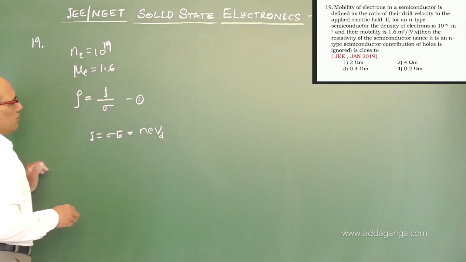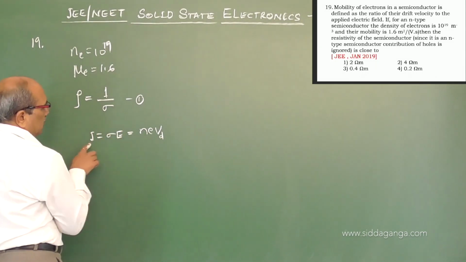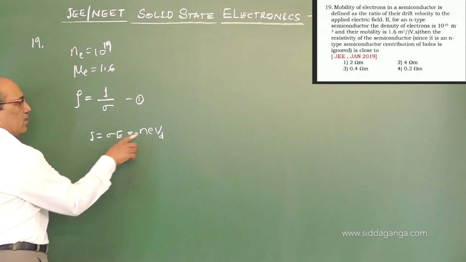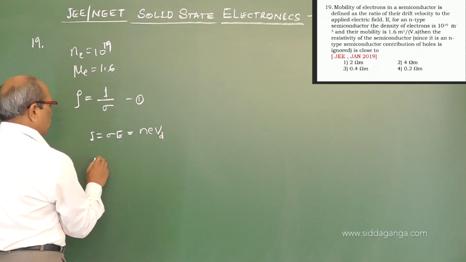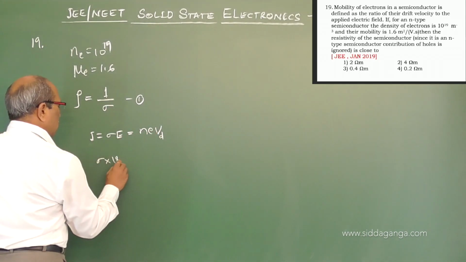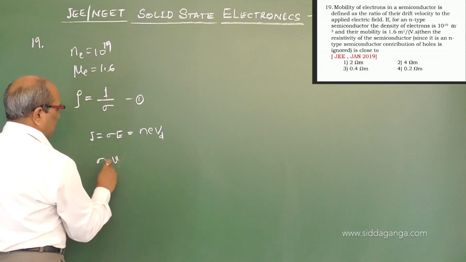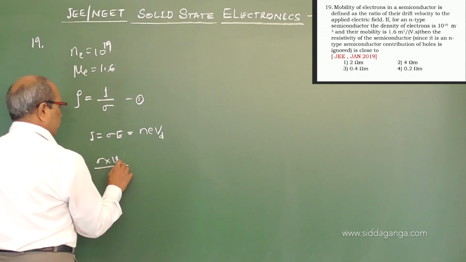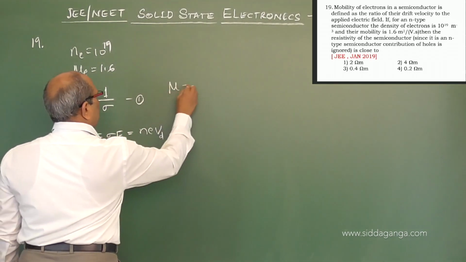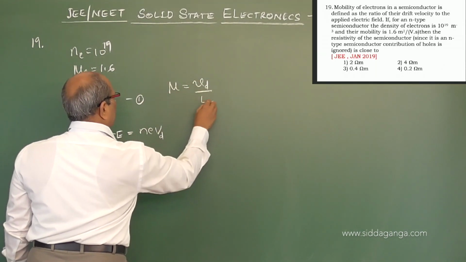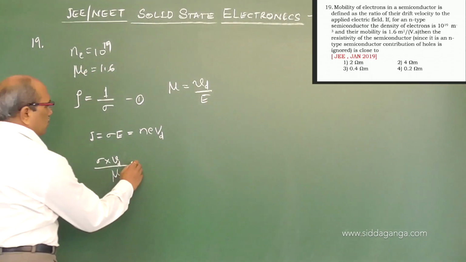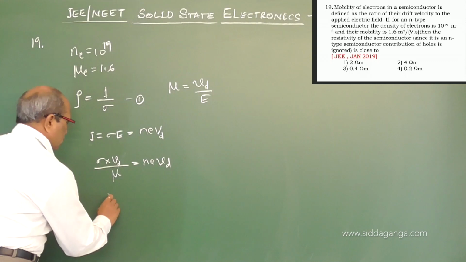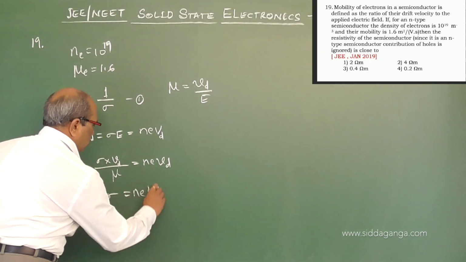You got the relation because current per unit area is current density, equal to sigma, you derived, NEVD. E is also equal to VD by mu, because mobility is drift velocity by electric field. VD by mu equal to NEVD gives you sigma equal to NE mu.